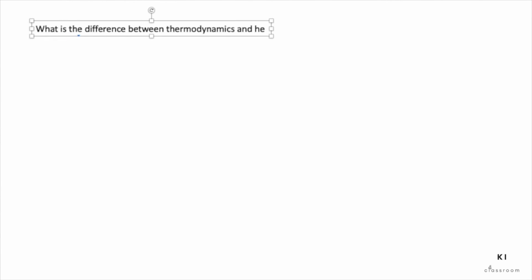Now we discuss the difference between thermodynamics and heat transfer. There are two main differences. Thermodynamics deals with the total amount. What is the amount of heat transfer as a system undergoes a process from one equilibrium state to another equilibrium state?